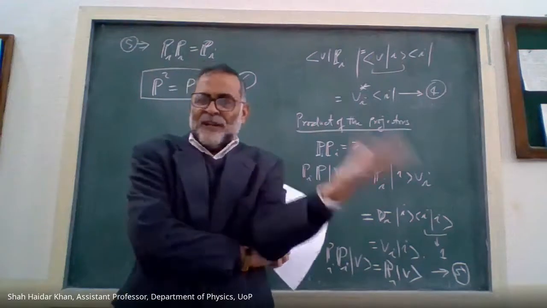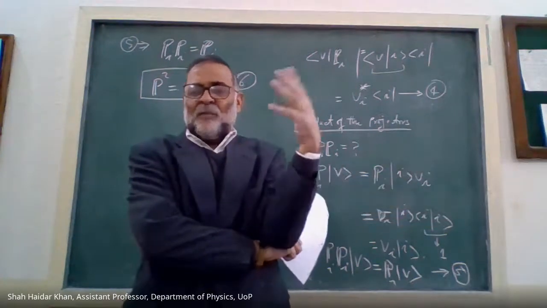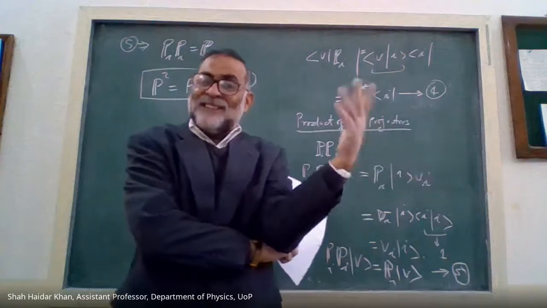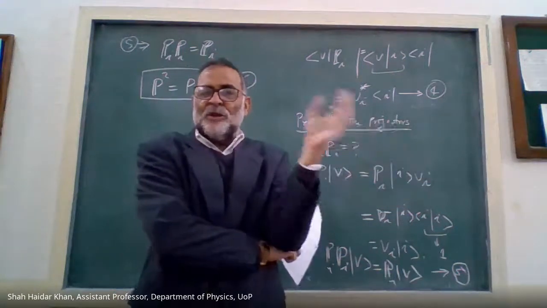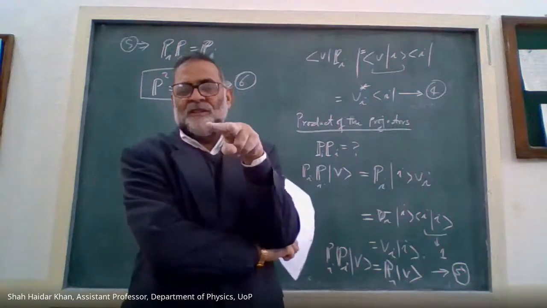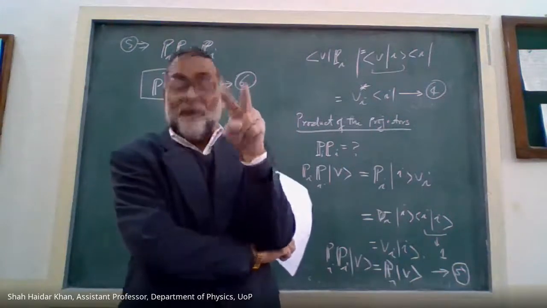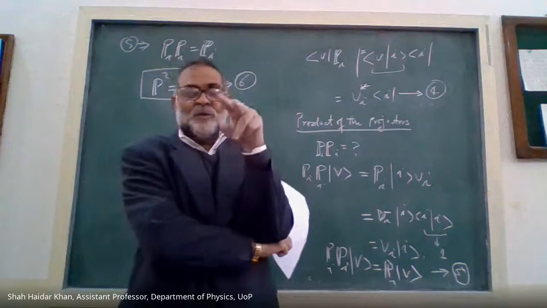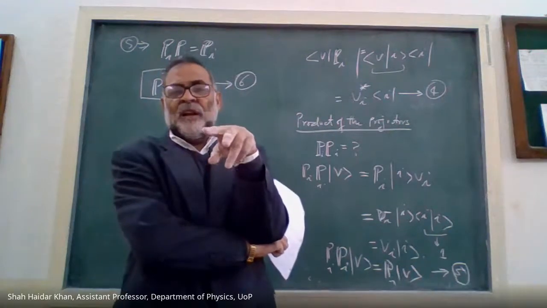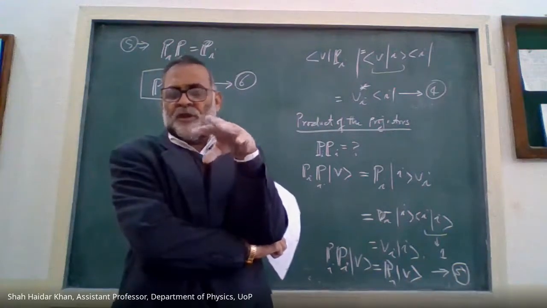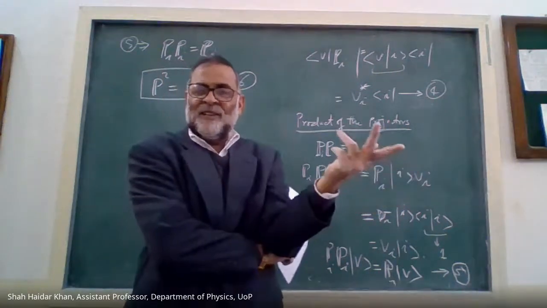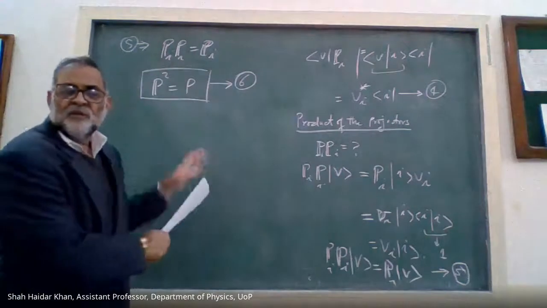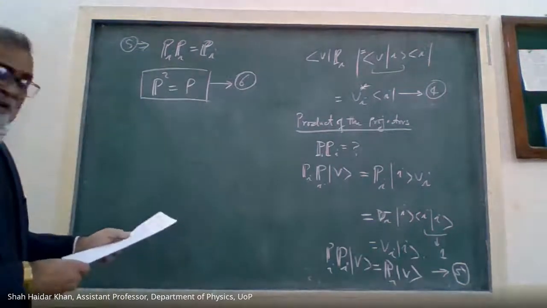If you apply the projection operator again on the same axis, nothing will happen. So the action of two projection operators is equal to the action of a single projector, the same thing. This is an important result. We will use it in our matrix algebra.